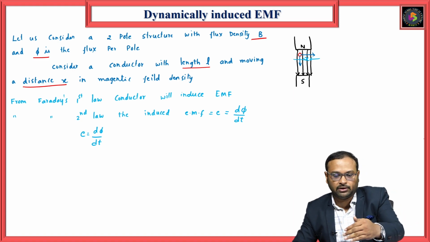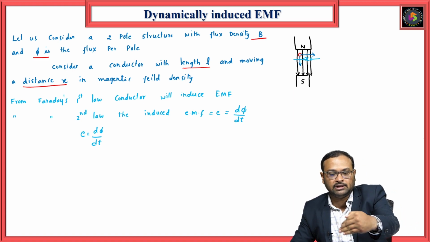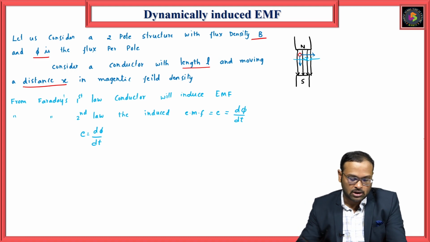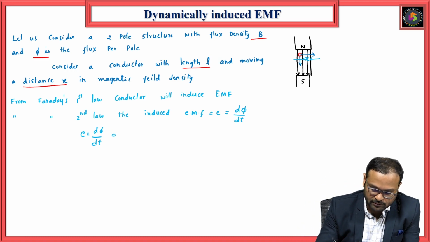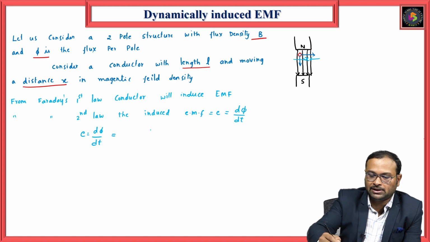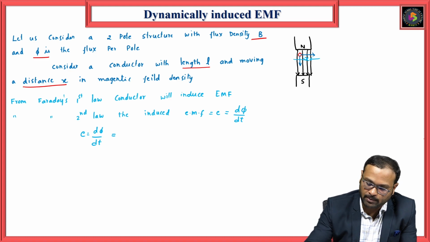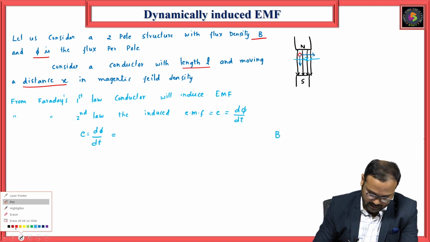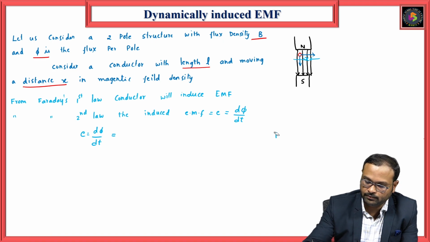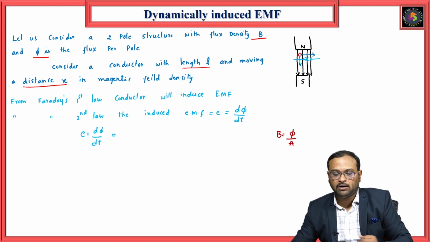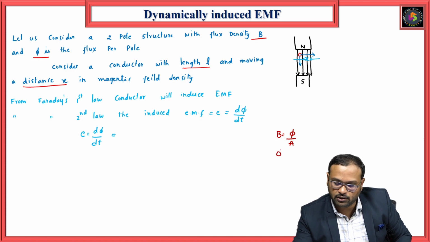How much it is changing, we don't know yet. So we come to the formula: flux density B is equal to flux per unit area, so I can write flux is equal to flux density into area.